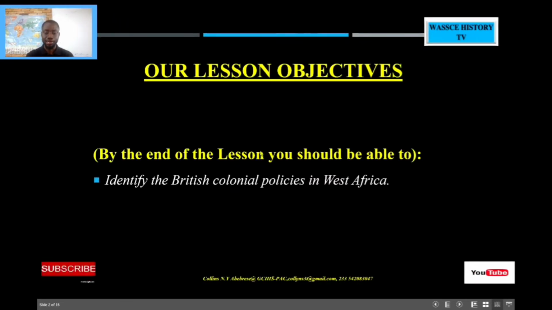So let's begin with our lesson objectives for today. By the end of this lesson, you should be able to identify the British colonial policies in West Africa. So what were some of the colonial policies and the rationale behind some of these colonial policies that we will be looking at? And so this is basically going to be our lesson objectives.